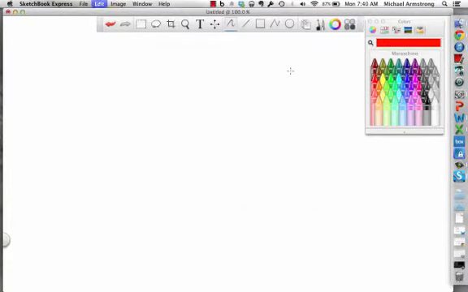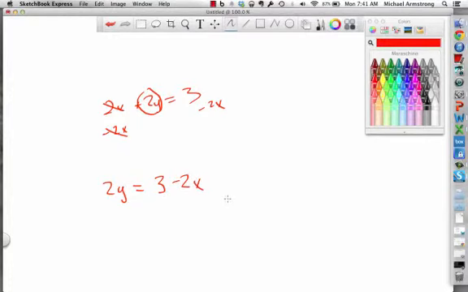Sometimes, I guess I should show you one more thing. Sometimes they have it in a different format. They might say 2x plus 2y is equal to 3, and then you have to rearrange it. So that would be like subtracting 2x from both sides so that you could get the 2y by itself. Okay, so this is 2y is equal to 3 minus 2x.